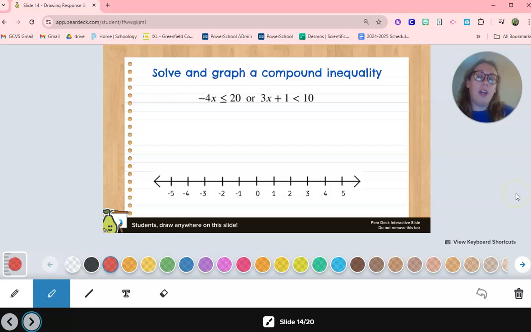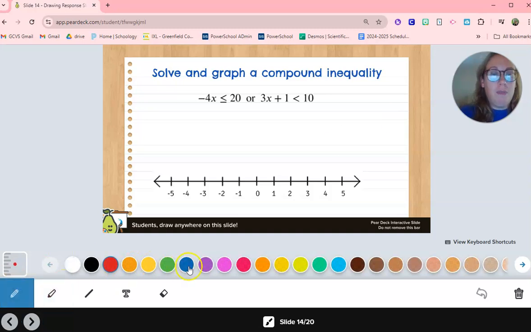Here's an "or" inequality. When we have an "or," they are always written separately. So we solve them separately. We have negative 4x is less than or equal to a positive 20. So we're going to divide both sides by a negative 4 to get x alone. And of course, because we're dividing by a negative, we have to flip that sign.